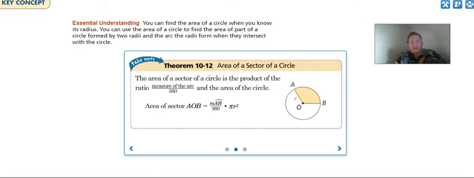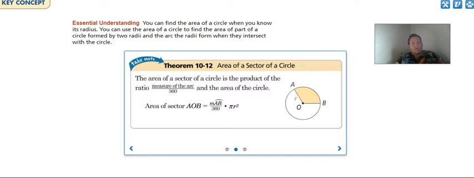Okay, so you do need to write this one down and everything inside it. We're talking about the area of a sector. So area of a sector is this shaded area right here that we're trying to find, and the formula is very similar to the length of an arc. We are going to find the measure of the arc that we have right there and put it over 360, and unlike the arc, we're not going to multiply it by the circumference, we're going to multiply it by the area of the circle.